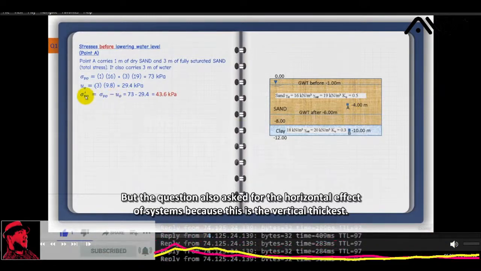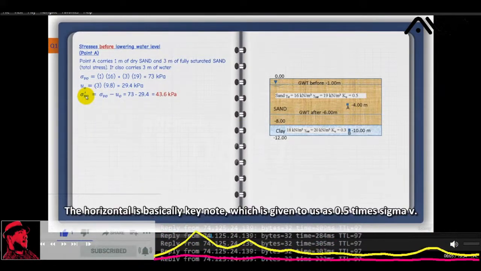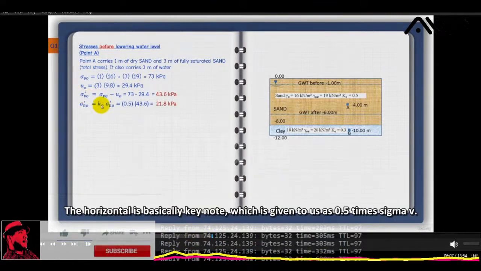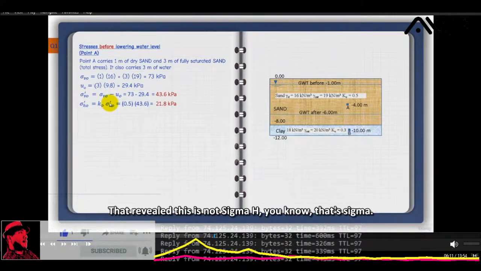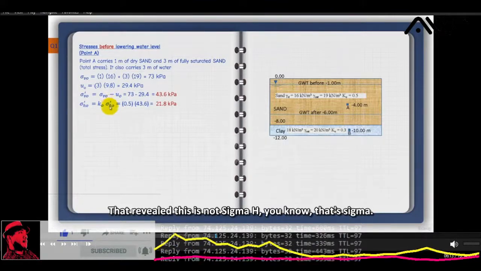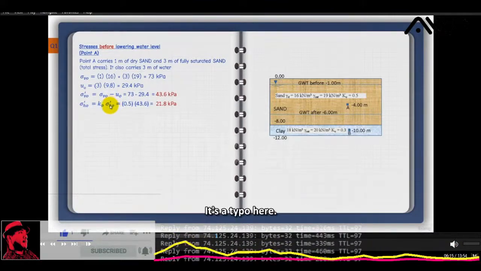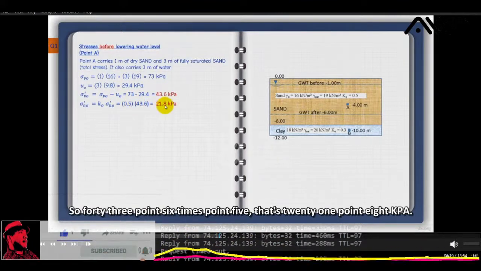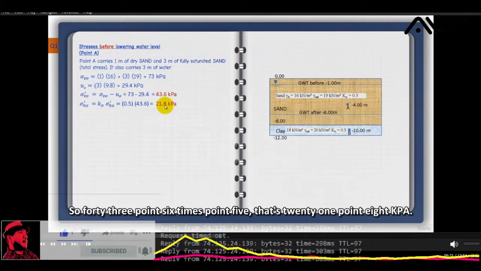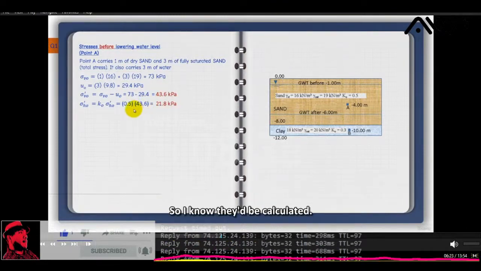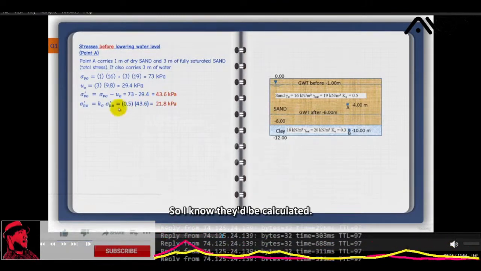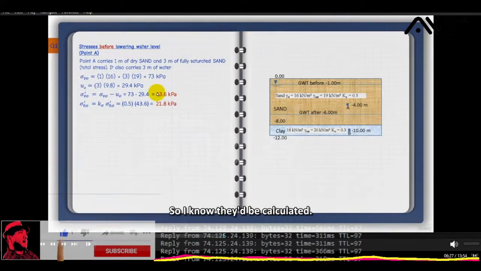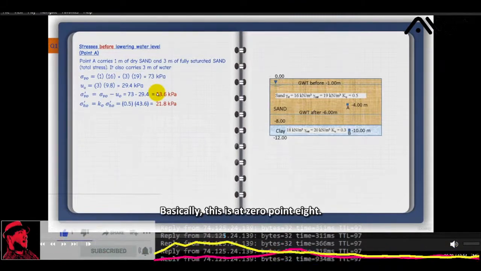The horizontal is K naught, which is given to us as 0.5, times sigma dash V naught. This is not sigma H naught, that's sigma dash V naught, it's a typo here. So 43.6 times 0.5 is 21.8 kPa. So I have now calculated the stresses at point A.